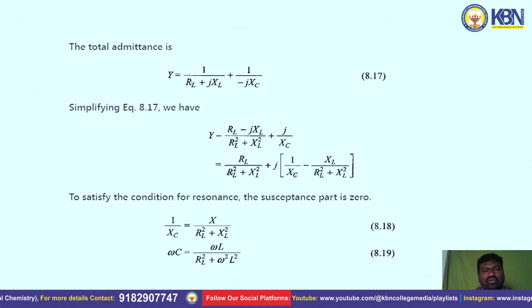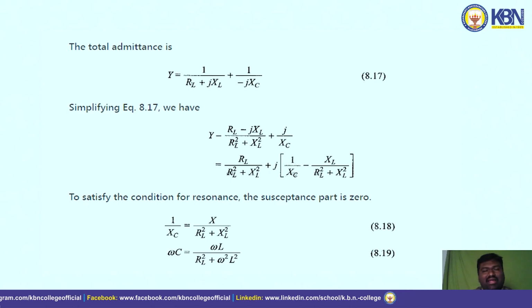To satisfy the condition for resonance, the susceptance part of the value must be equal to 0. That means susceptance is nothing but the reciprocal of reactance. Susceptance equals 1 by XC, which equals X by R square L plus XL square.